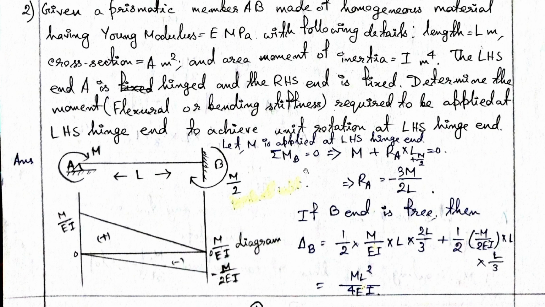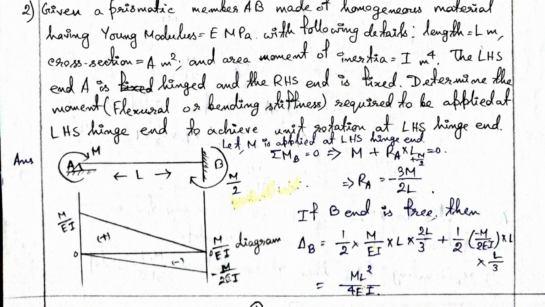Now we draw the bending moment diagram, and after that M by EI diagram. What will be the bending moment diagram? Here a rise of M, and the diagram will linearly decrease to 0 at B, and due to the moment at B, the bending moment or M by EI diagram will be negative.